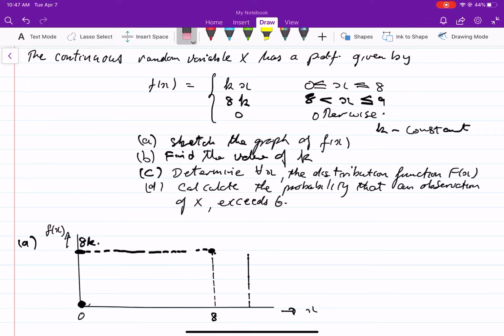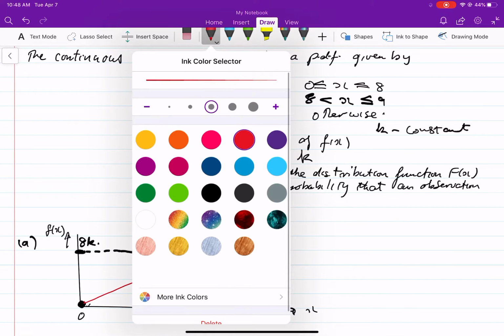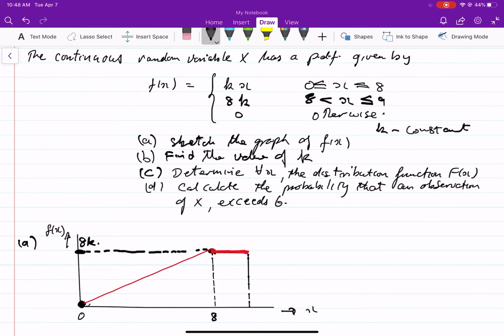The graph that I'm about to draw represents the PDF. Everything in red is the PDF. Everything else is a guideline. And then, of course, the other value there. This PDF stops at x equals 9 right there.